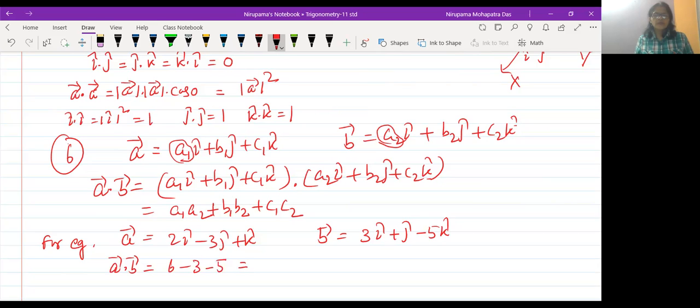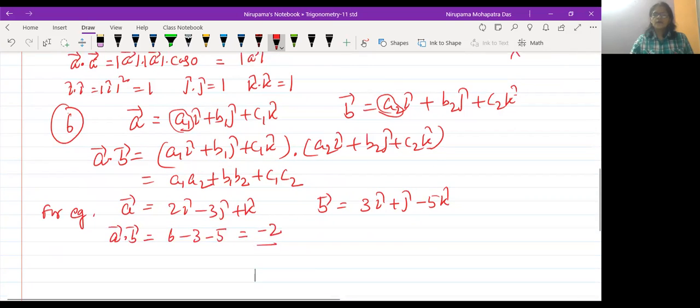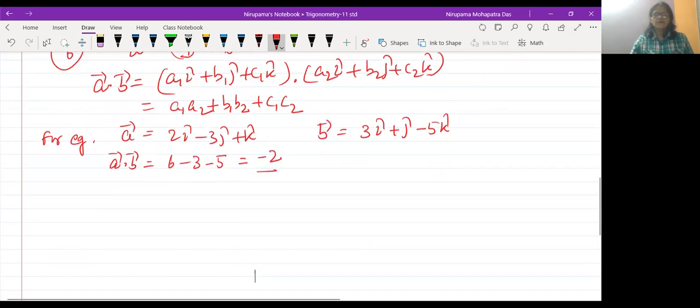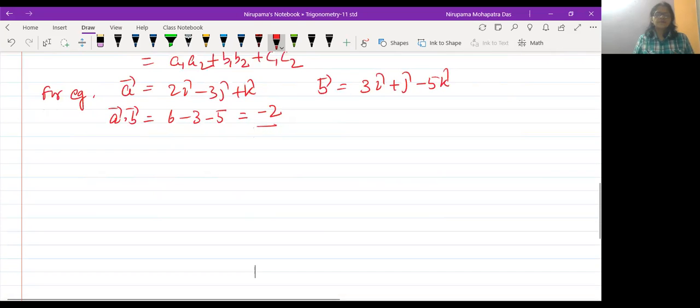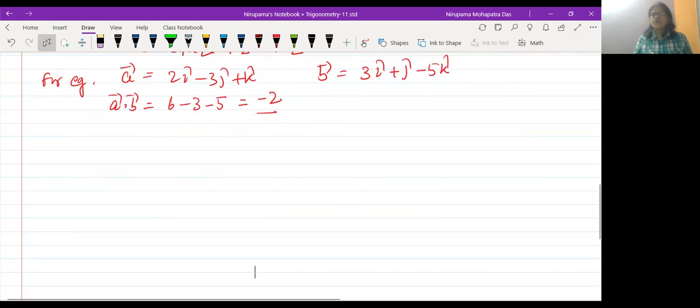Okay, so you are getting 6 minus 3 minus 5, that is minus 2. Okay, so this is A dot B. So this is the way to calculate A dot B when you are given the vectors in component form. Basically it is the sum of the products of corresponding scalar components of two vectors, you can say corresponding direction ratios.